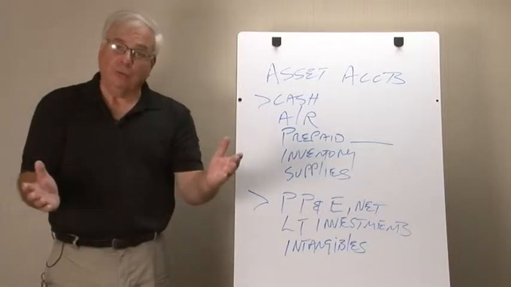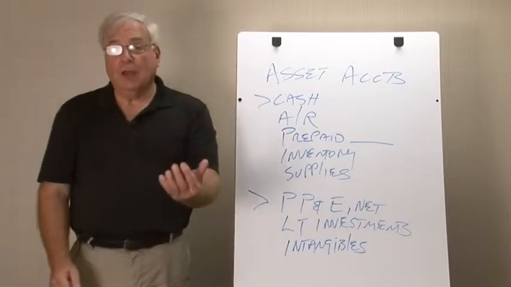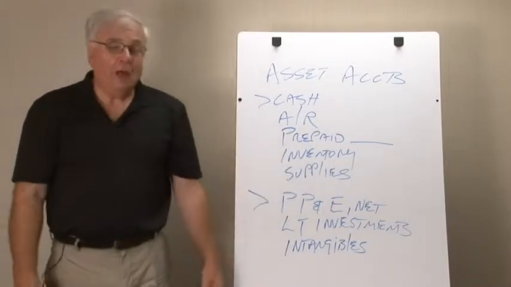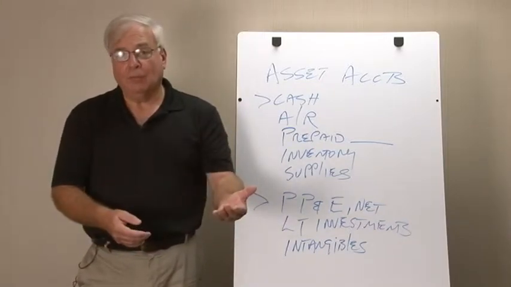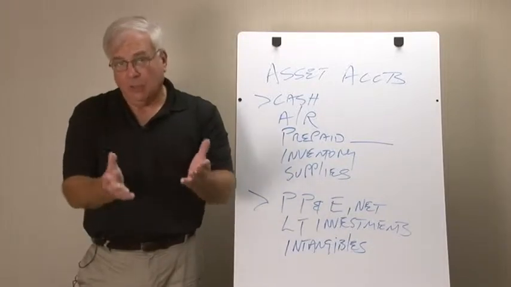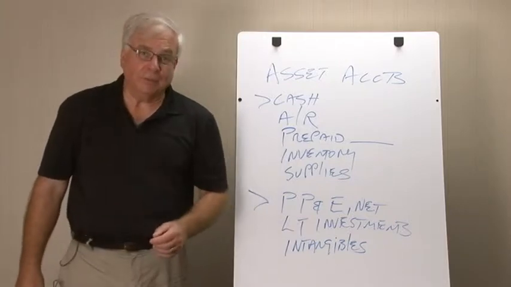It's going to get used up within a year, so that's why it's current. Inventory will turn into cash when we sell it, of course, if we're a store. And supplies we bought to be able to help us work without having to run out to the store if we run out of something. So the part we didn't use is still considered a current asset.